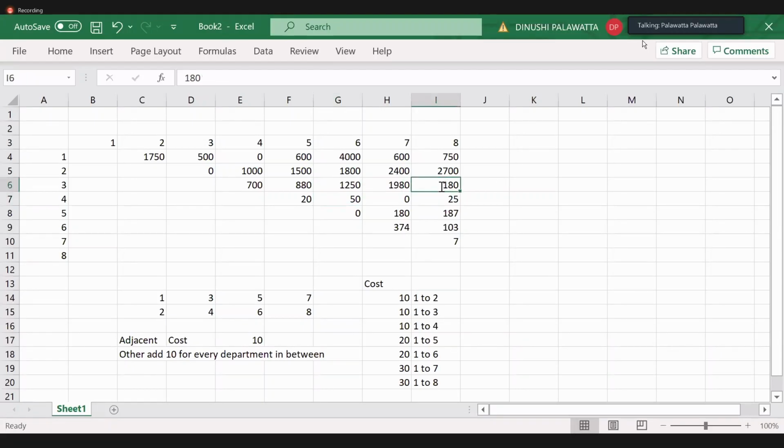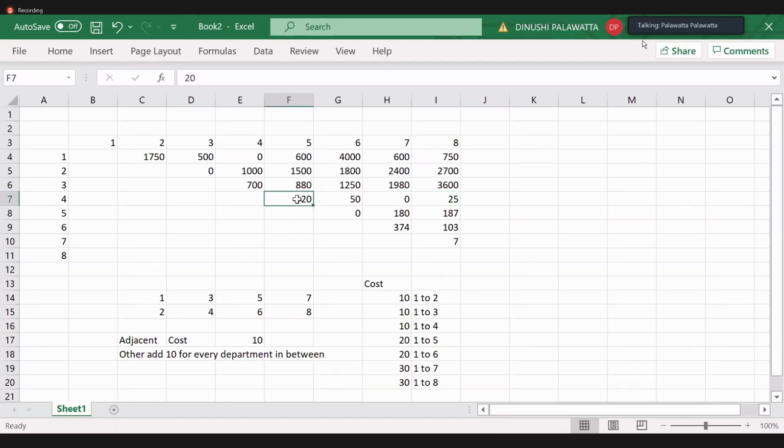And then 3 to 8 is 20 multiplied by 180. And then 4 to 5, 4 and 5 are next to each other. 4 to 6 also next to each other.